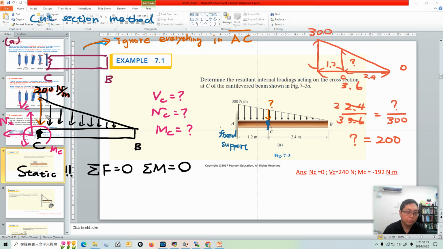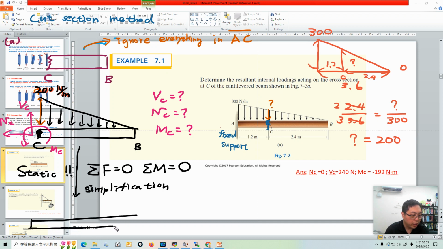I hope you don't forget this. This problem takes some time, so let's draw it again. This is B, this is C here.